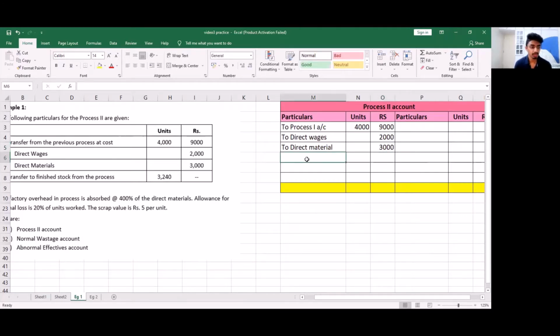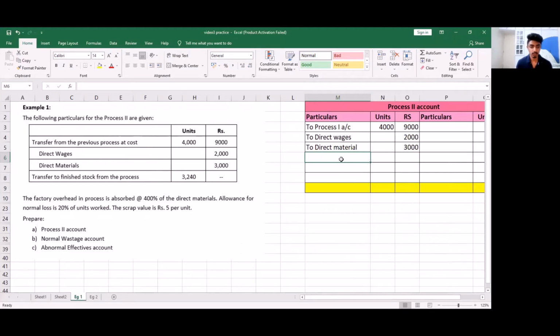Next, we have factory overheads. So it says factory overheads is absorbed at 400% of direct materials. So 400% of 3,000. 400% of 3,000 is going to give us 12,000.